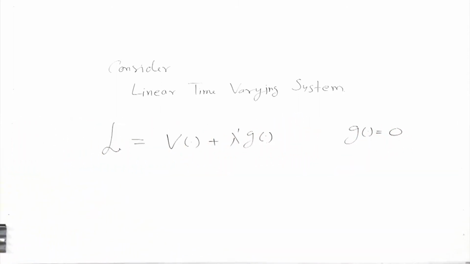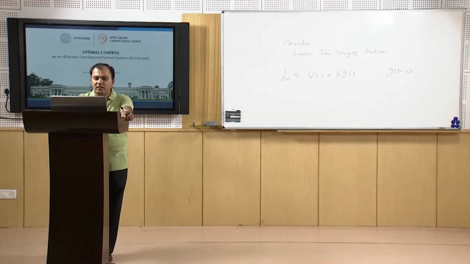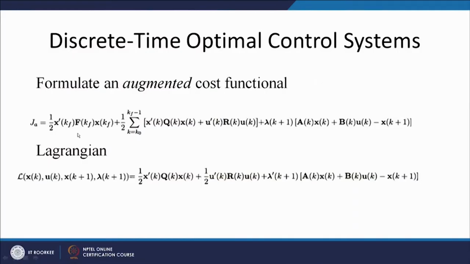So, we are writing first the augmented cost functional, which includes the terminal cost plus half of the summation of x prime qx plus u prime ru plus lambda k plus 1 times akxk plus bkuk minus x of k plus 1.